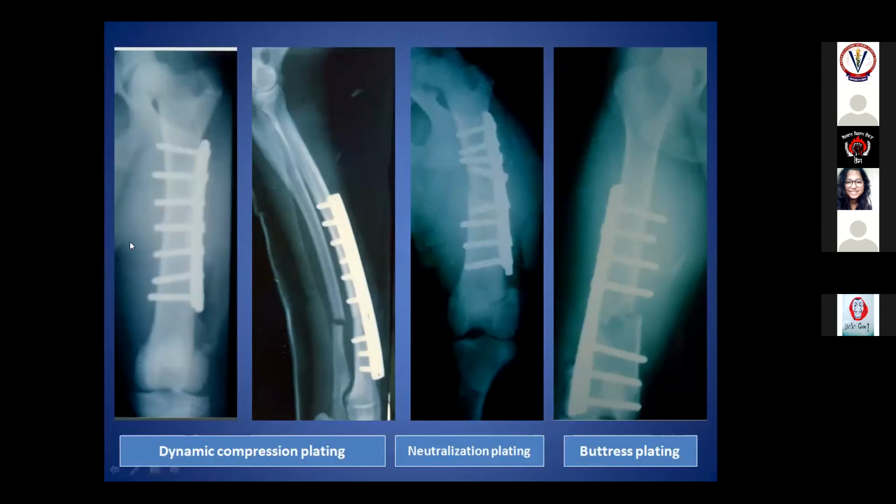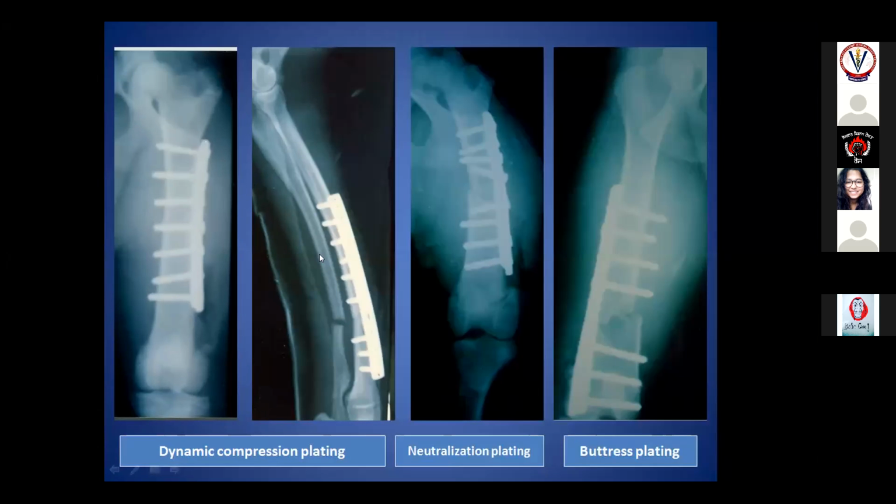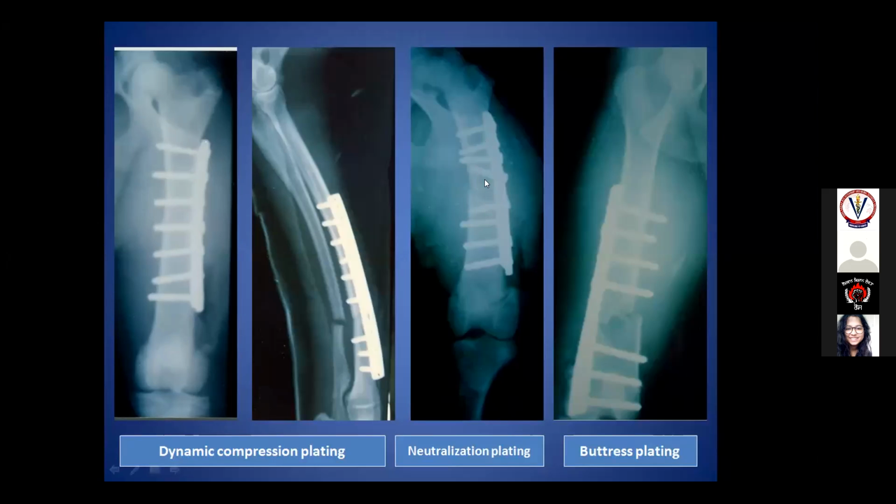See here, I will give you an example. So these are different types of fractures. We have used the same plate. Here it is a simple transverse fracture. We have given compression, so this is used as a compression plate. Again, a simple transverse fracture of the radius and ulna, the same plate, a dynamic compression plate, is used. Again, here the same plate, but because there is a combination here, we have used this as a neutralization plate.